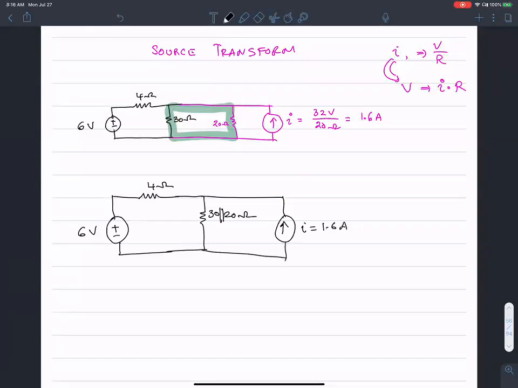All I have done is translate the parallel 30 and 20 ohm resistances into one equivalent resistance.